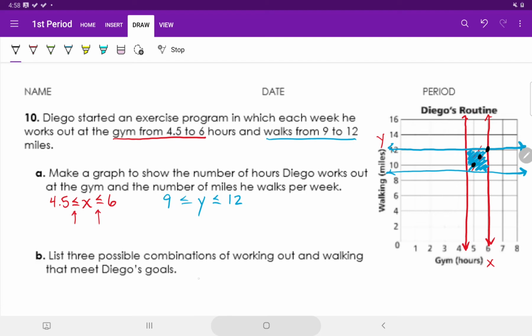The 3 points I identified look like, if we're going to do X, Y, so that's gym, walking miles, the 3 solutions I identified look like 5, 10, 5.5, 11, or 6, 12. These would all be solutions that satisfy the inequality.